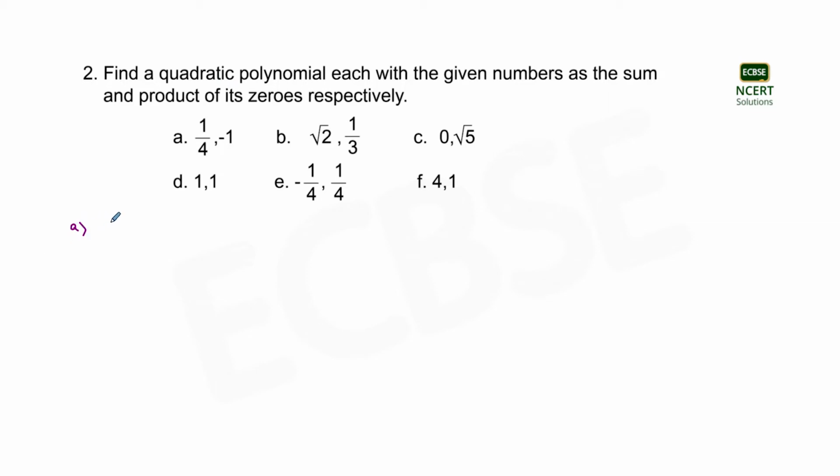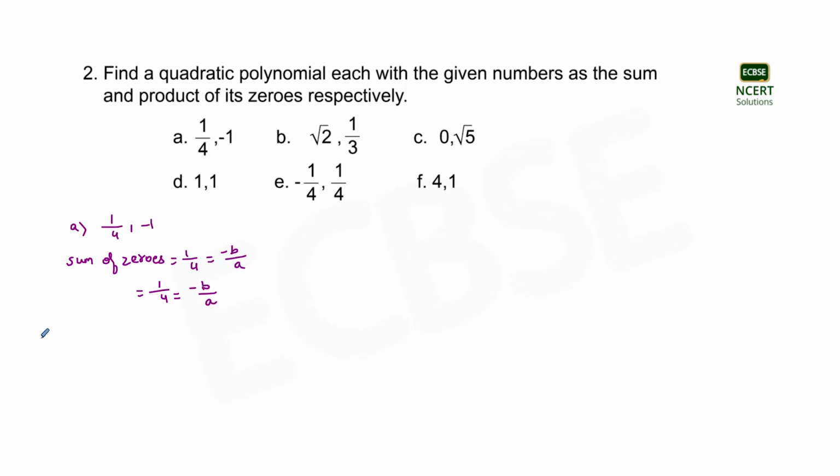Let us come to the A part. Here the numbers provided are 1/4 and -1. As we know, the first number denotes the sum of zeros, which means sum of zeros is equal to 1/4, which is equal to -b/a.